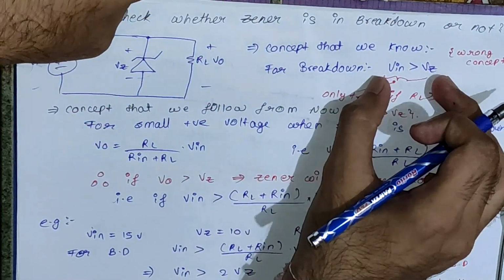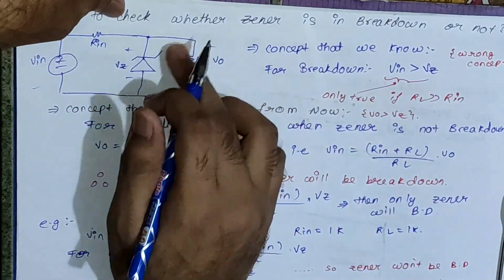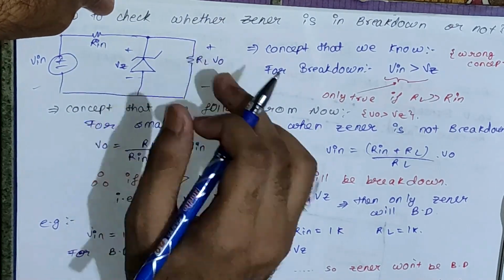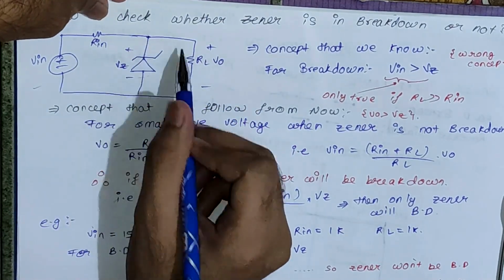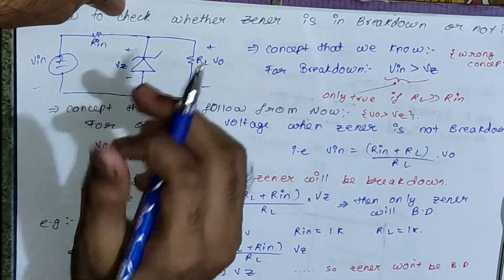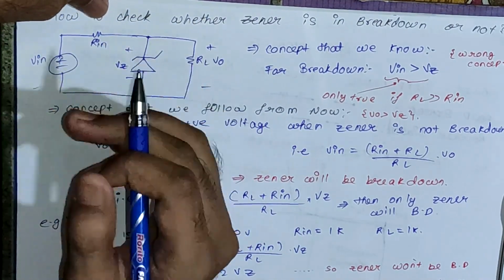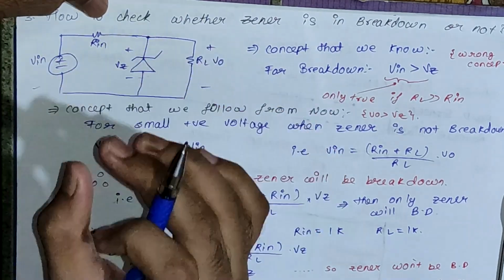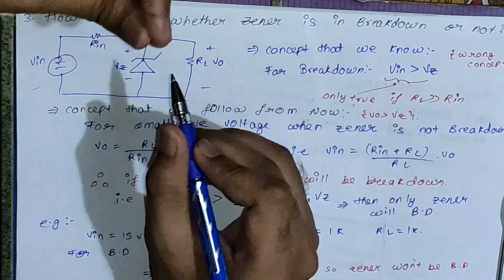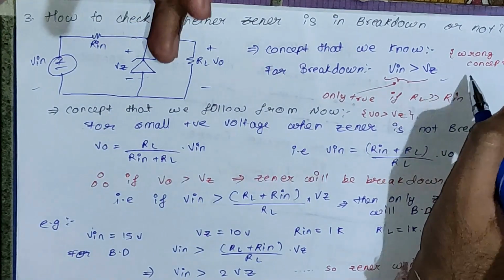This concept will be right only if RL is very much greater than Rin. Why? Because if RL is very much greater than Rin, then most of the voltage drop will occur across RL, right? So there will be only a small voltage across Rin. So you can see Rin will act as a short circuit, more specifically, nearly a short circuit. Okay, so at that time only this condition will be valid.